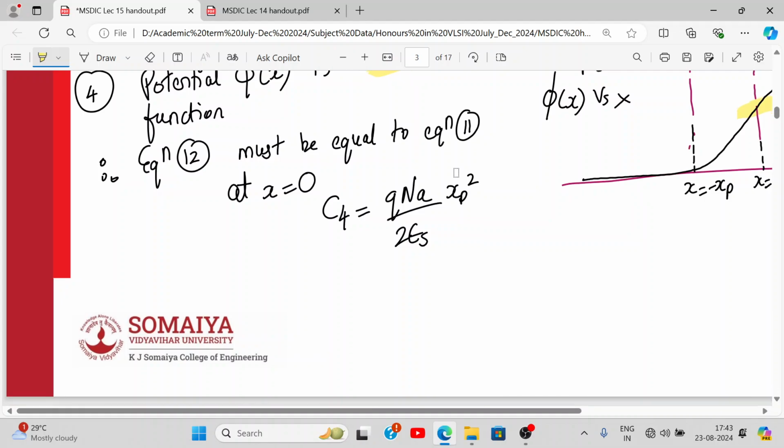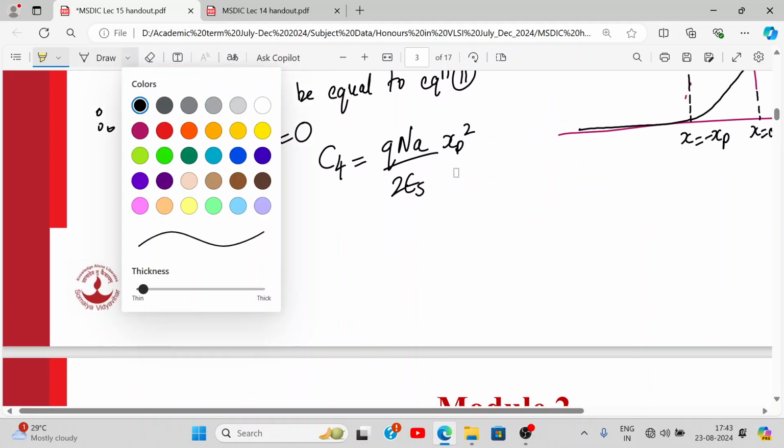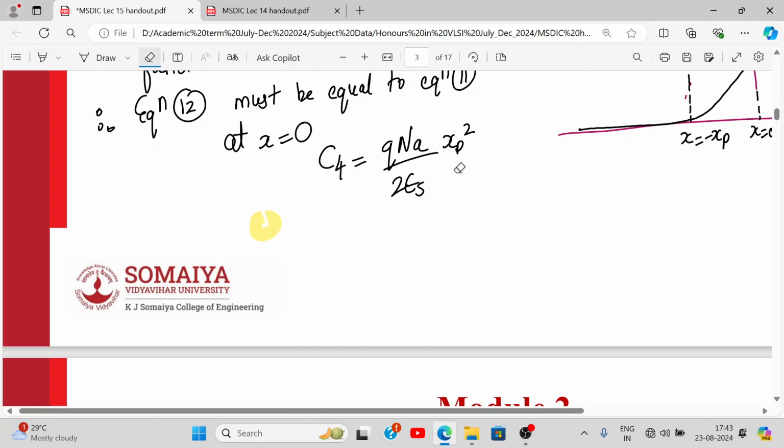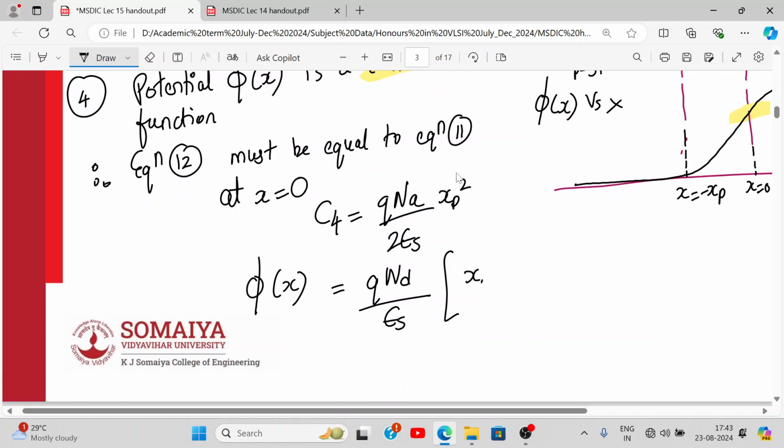So we use this and we substitute it over there. What do we get? Calculate now. Phi of x will be q Nd upon epsilon s, times x xn minus x square by 2, plus q Na upon twice epsilon s xp square.